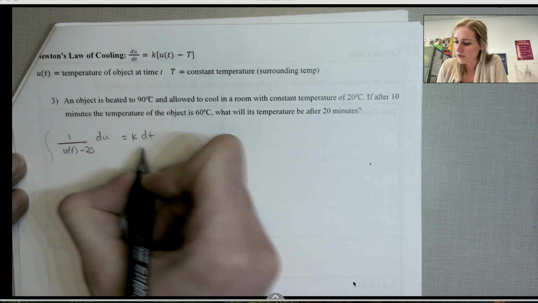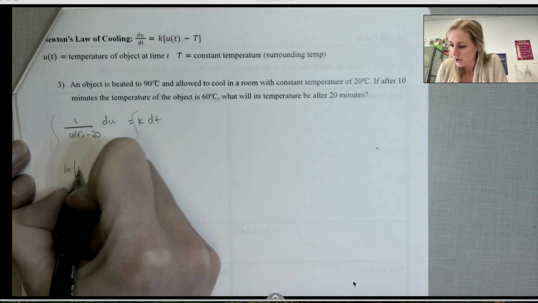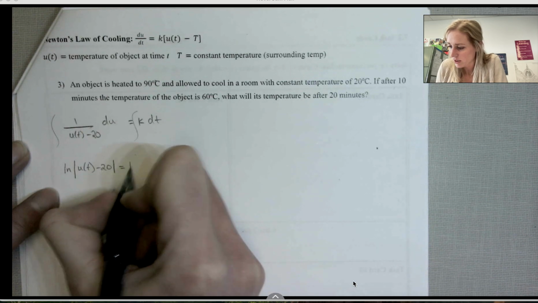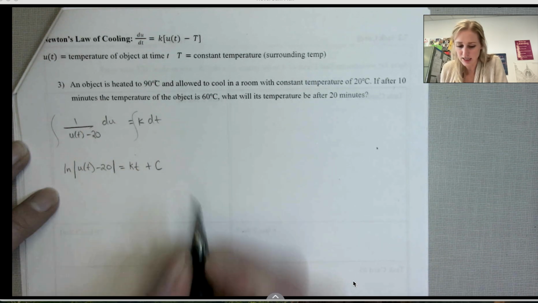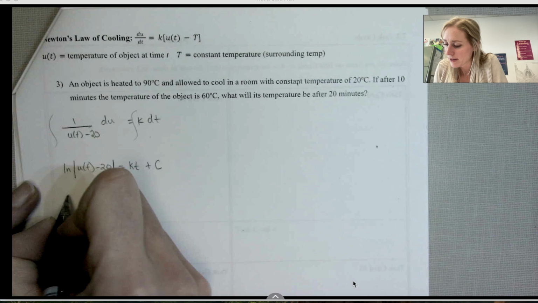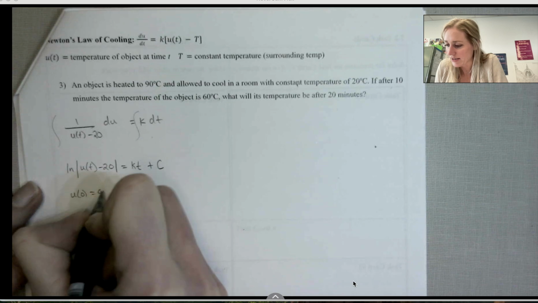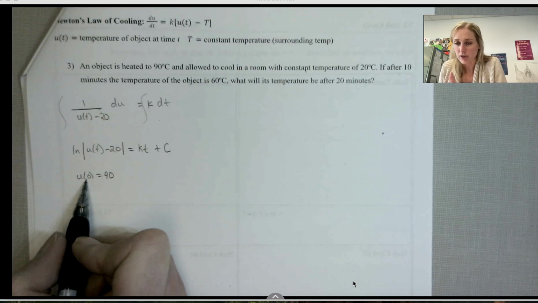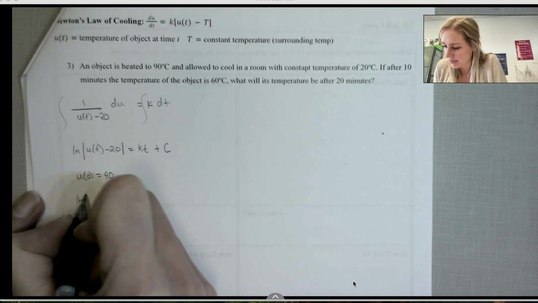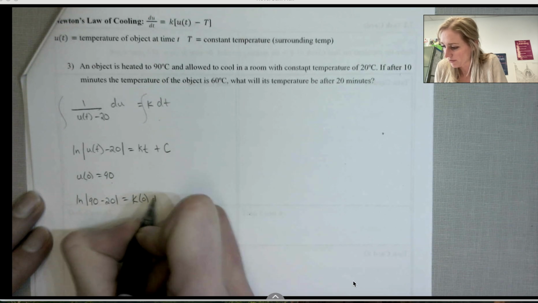I'm actually going to go ahead and put that in there. Okay, so if I integrate both sides, we have natural log of u of t minus 20 equals kt plus c. All right, so let's go ahead and put in our initial temperature. We're going to say u of 0 is 90, right? So before time starts, this object is 90 degrees Celsius. So I can go ahead and put in 90 and 0 for t to solve for c.